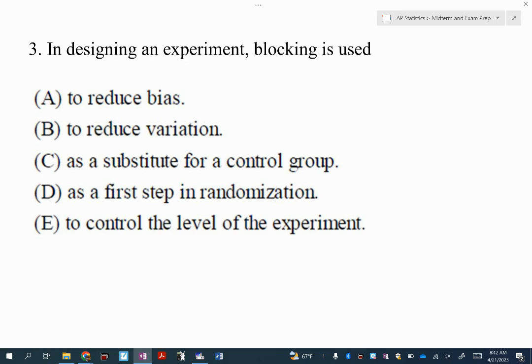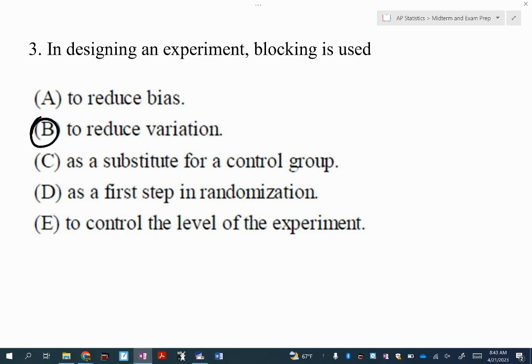Blocking is what we use for experiments to separate first by some variable, and then we essentially run two separate experiments within those blocks. And the whole point of blocking, if you get this question on the AP exam, is to reduce the variation. Later in this packet there's an example of a difference between how men and women react to something.